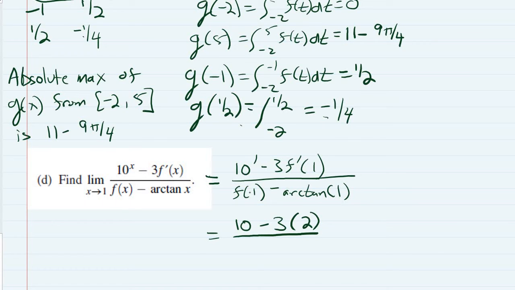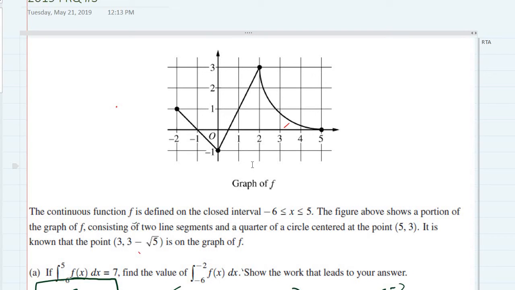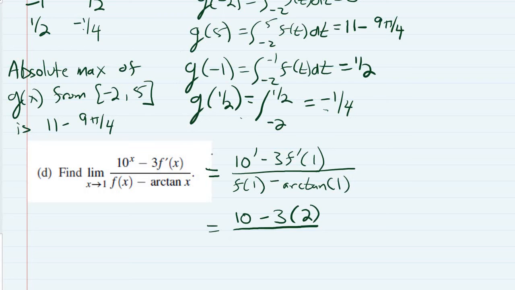All right, well, what's f of 1? Going back to the graph again, f of 1 is 1. It's right here. And the arctangent of 1 happens to be pi over 4. What angle has a tangent of 1? That's the question that arctan of 1 is asking us, and the answer is pi over 4.